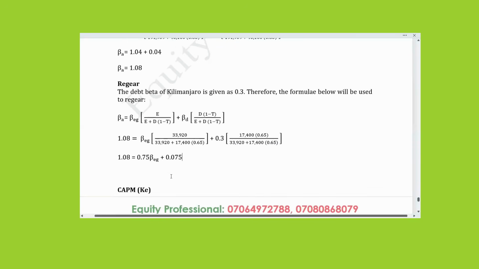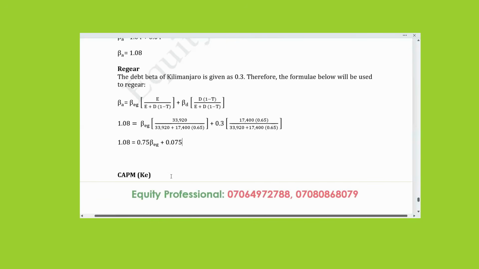All right, then you collect like terms. So here will then be 0.75 BEG equal to 1.08 minus 0.075.